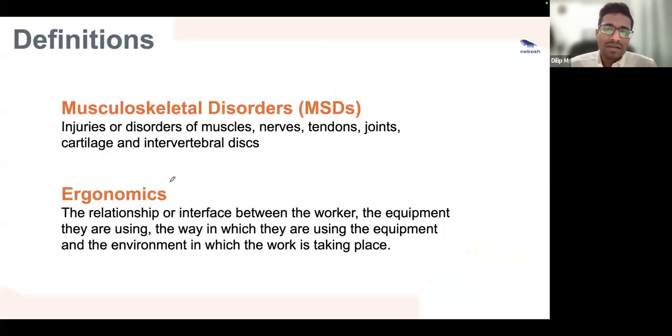So musculoskeletal disorders, in short referred to as MSD, are injuries or disorders of muscles, nerves, tendons, joints, cartilage, and intervertebral disc.